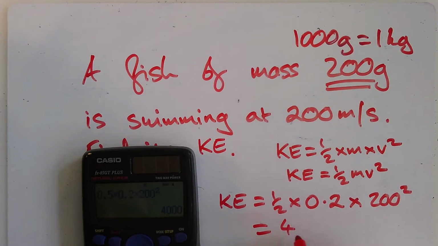Gives me 4,000. I'm a physicist, I must write a unit with my answer, otherwise I'll cry inside a little bit. 4,000 joules. Now, if I had forgotten about converting the 200 grams, my answer would have been this.